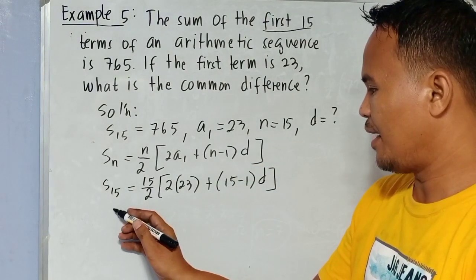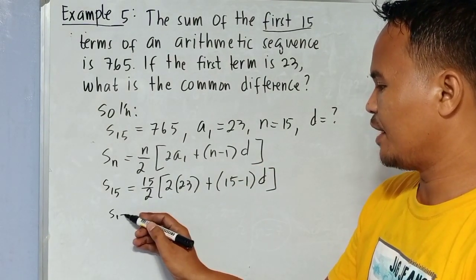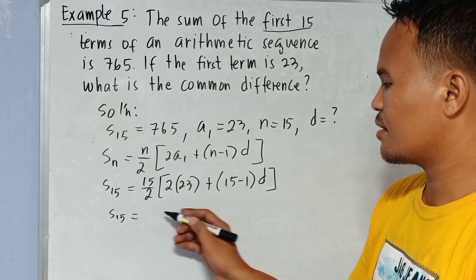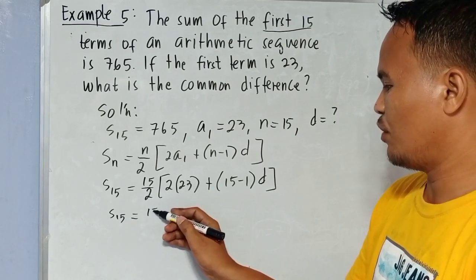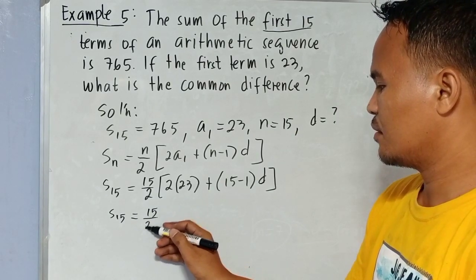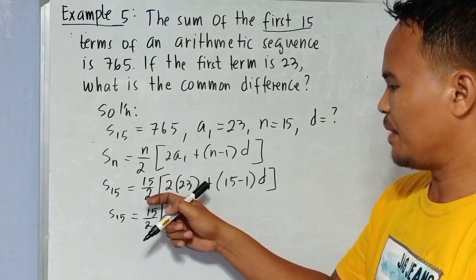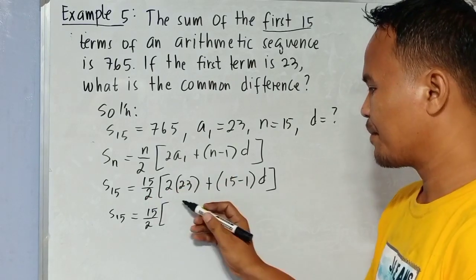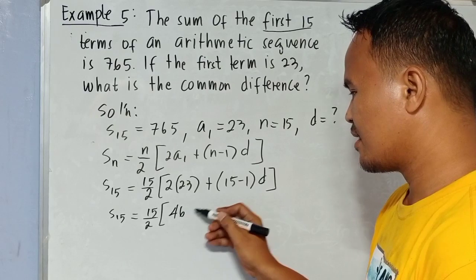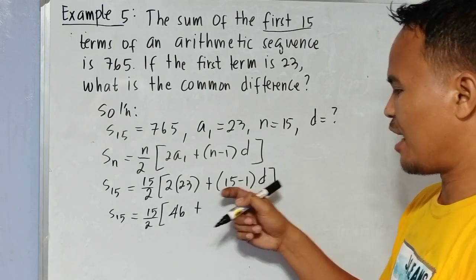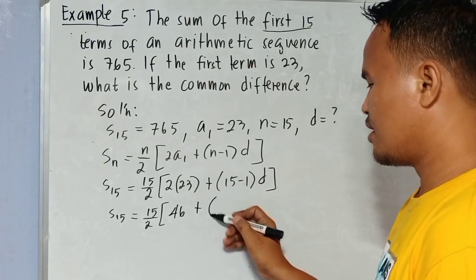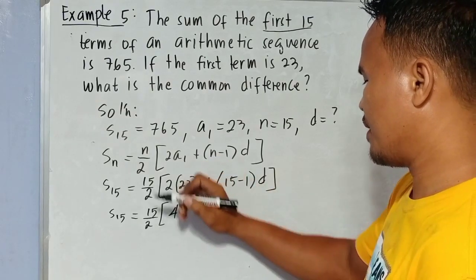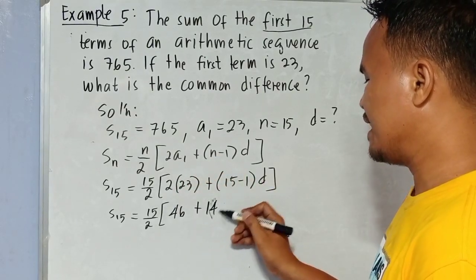Okay? So S sub 15 equals 15 over 2, multiply 2 times 23, that is 46, plus subtract 15 and 1, that is 14. This will become 14d.